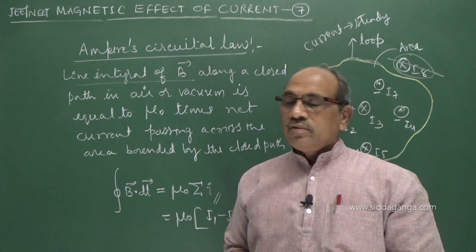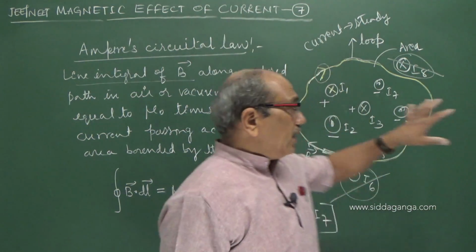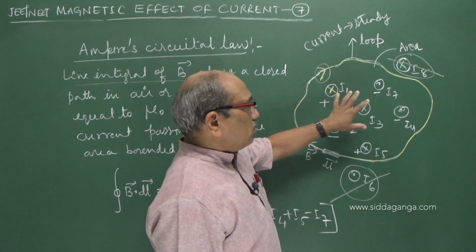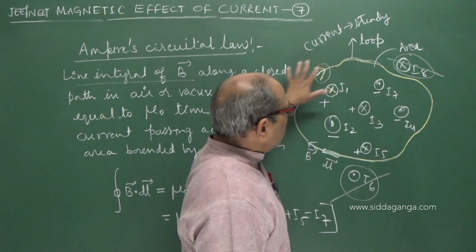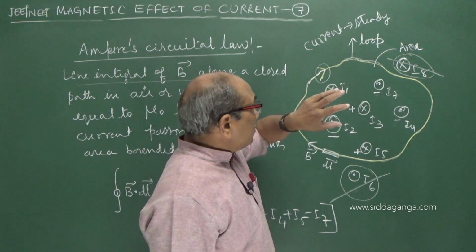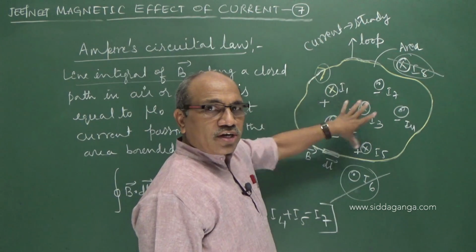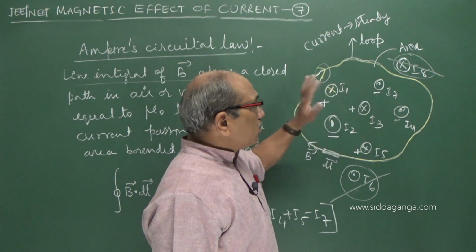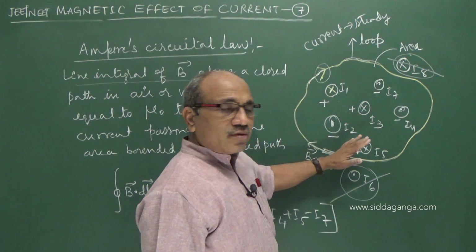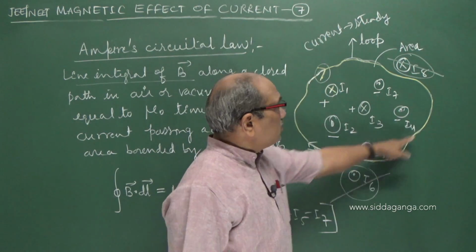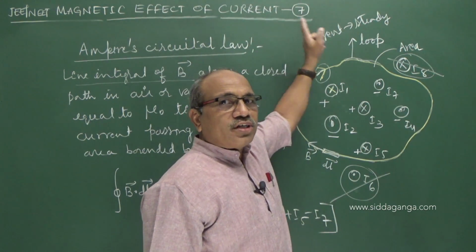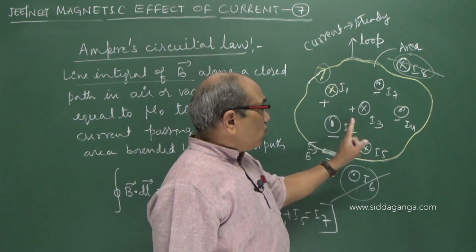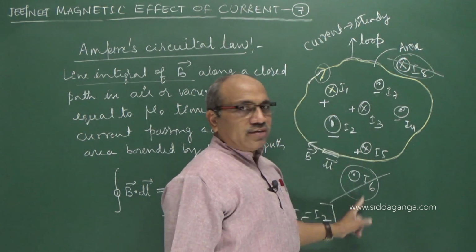Similarly here, the direction and magnitude of current are not important. Within the loop area, within this closed path area, however many currents are passing, whether positive or negative, the total magnetic field associated with this length is given by Ampere's circuital law. And only within, not outside.